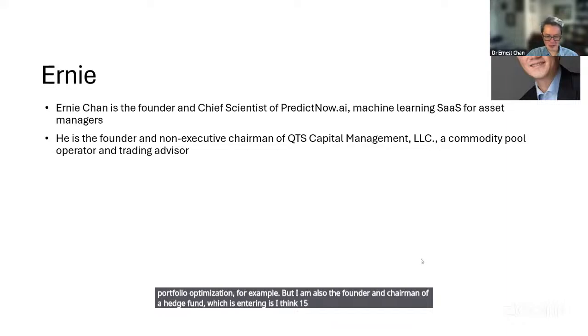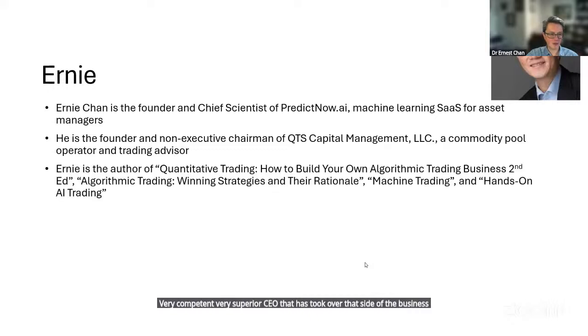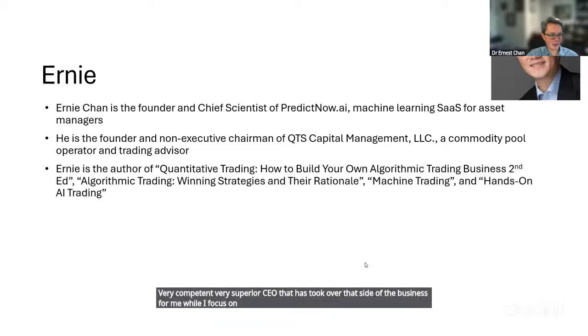It has been continuously running and growing, and I'm grateful that we have a very competent, very superior CEO that has taken over that side of the business for me while I focus on AI. And as Vivek said, I have also written 4 books so far, and the Gen AI book is my 5th.